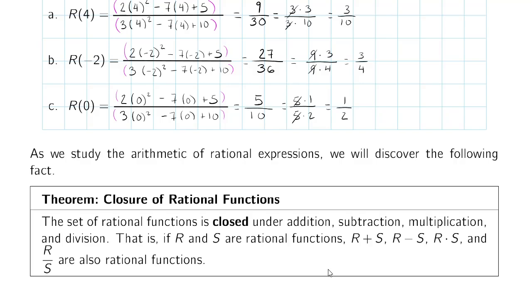Just like with integers, we can add, subtract, multiply, but usually when we divide, we don't get an integer. With rational numbers, we can add, subtract, multiply, and divide. So the relationship between the polynomials and the rational functions is very much the same as the relationship between the integers and the rational numbers.